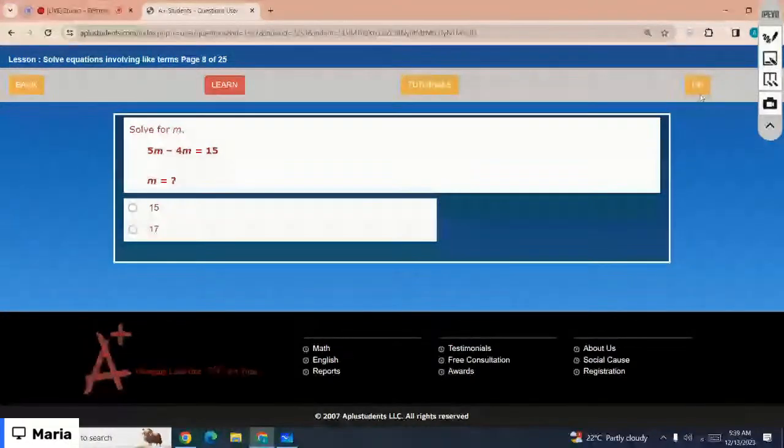So which is the correct option? Yes, the correct option is m equals 15.